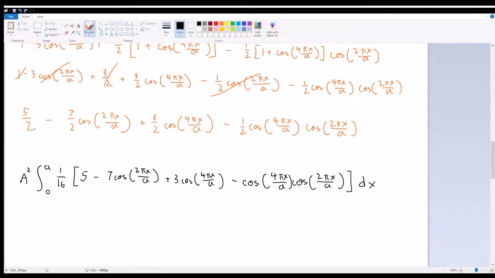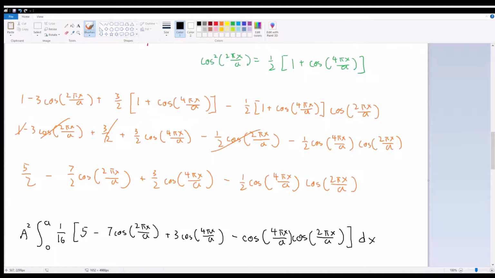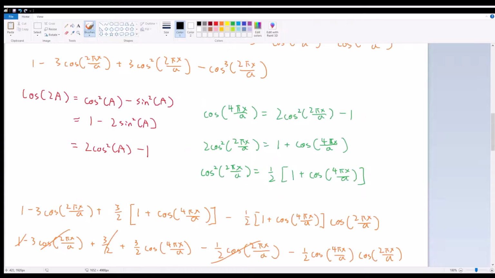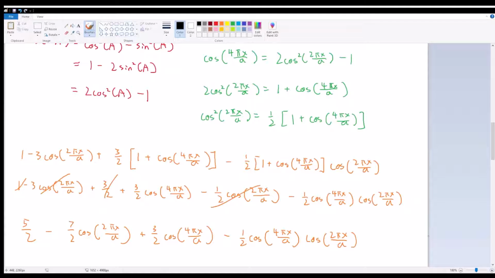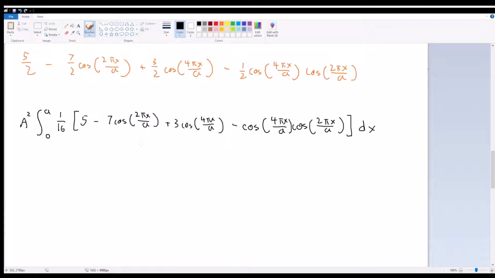Let me just check that this is in fact correct. 5/2 minus 7/2 cosine 2 pi x over a, plus 3/2 cosine 4 pi x. Yes, I do believe that is in fact correct.